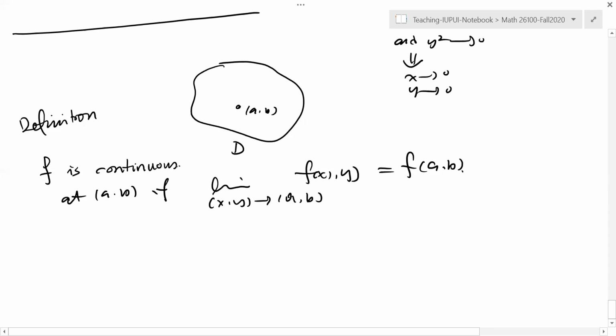Then we said the function is continuous on a domain if it's continuous at every point inside the domain.